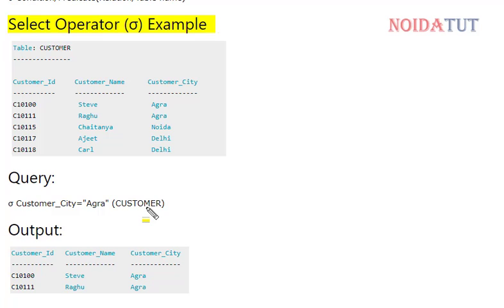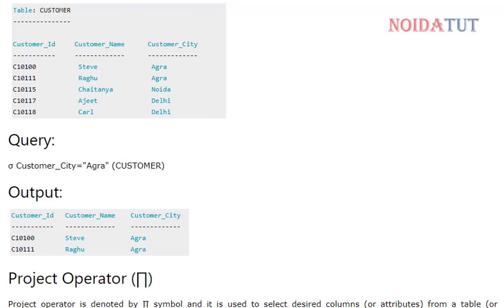This is how we also have a simple query language for this. Select star from customer where customer city equals Agra. Customer refers to the name of the table. So this is how it is going to refer.